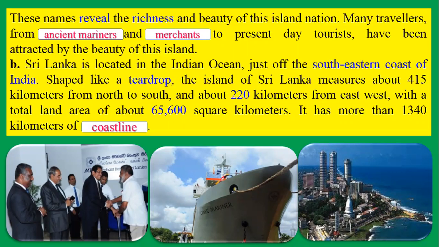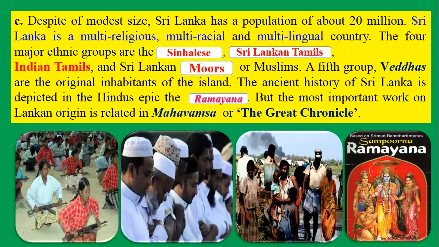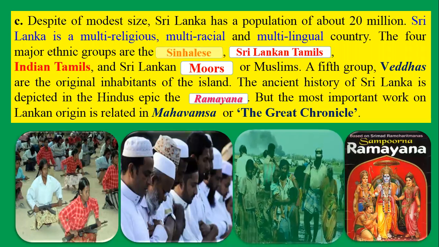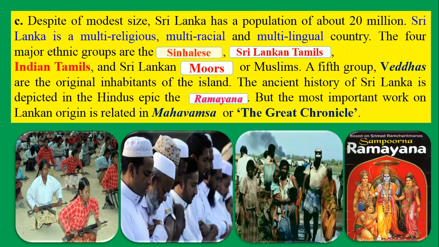The island measures about 415 kilometers from north to south and about 220 kilometers from east to west, a land area of about 65,600 square kilometers, with more than 1340 kilometers of coastline. Despite its modest size, Sri Lanka has a population of about 20 million.